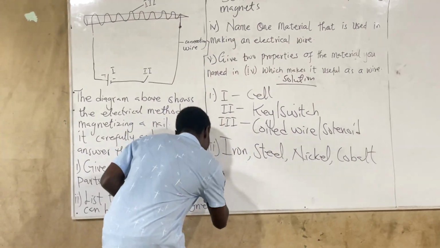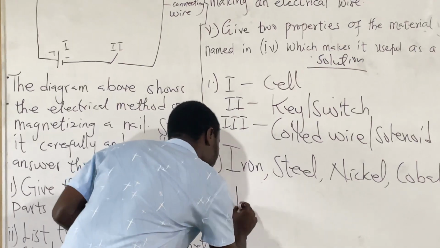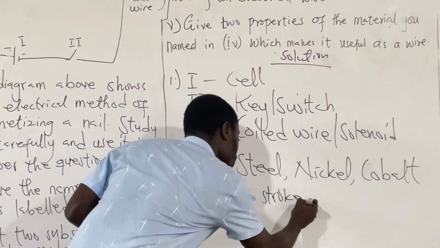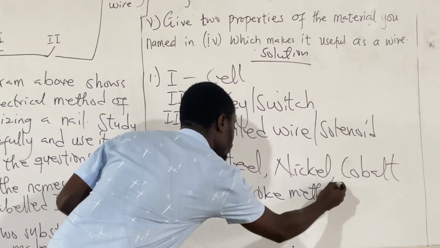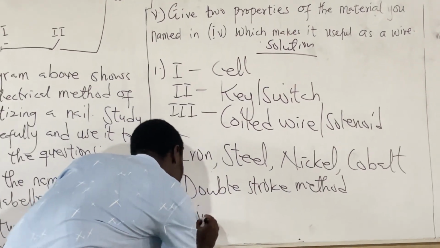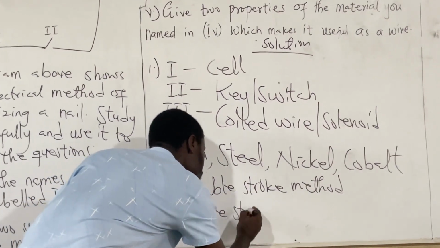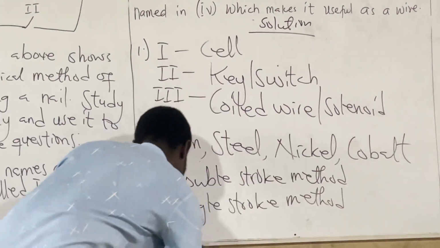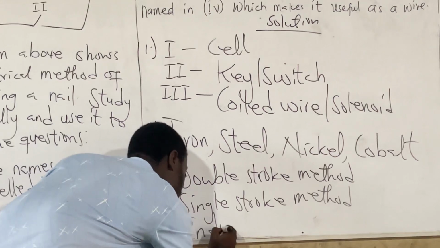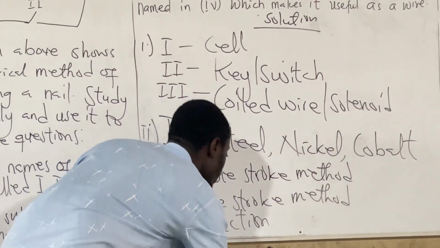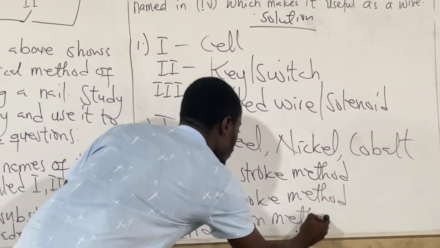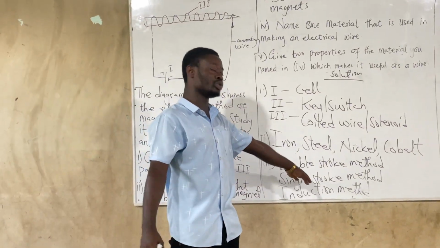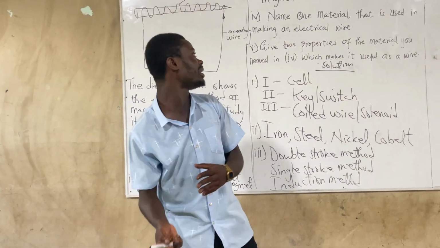So for III, we can get the double stroke method, the single stroke method, and the magnetic induction method. All these methods can also be used to change a magnetic material into a magnet.